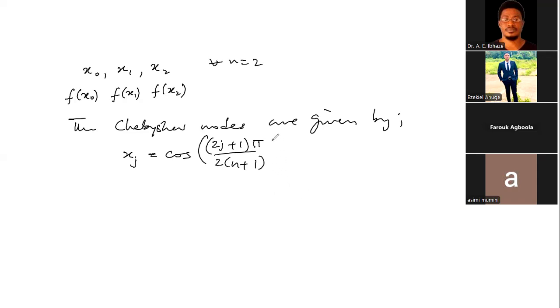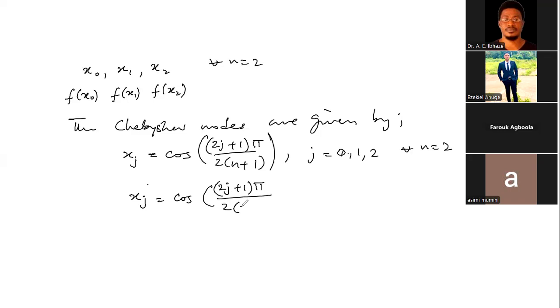We know that the value of j takes 0, 1, 2 for n being the same as 2. So from this, we know that n is the same as 2. So S of j will be the same as cos((2j plus 1) pi over 2 into bracket 2 plus 1).